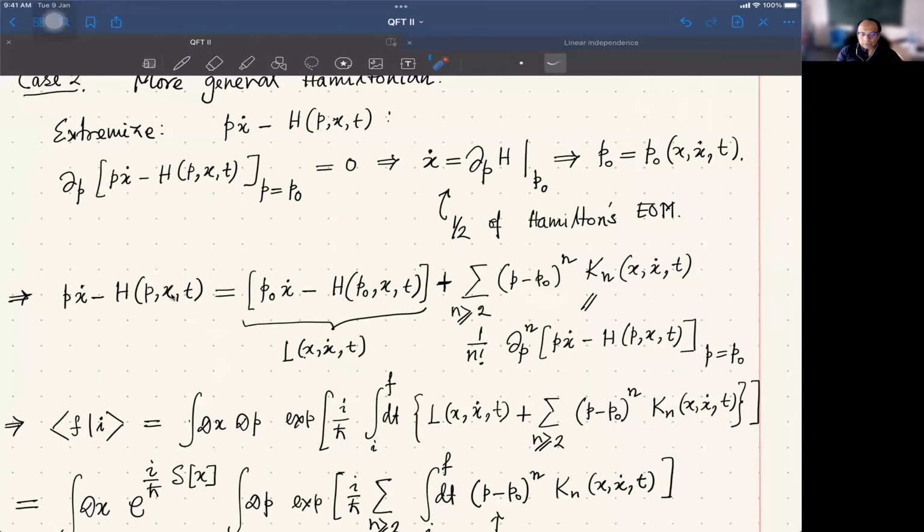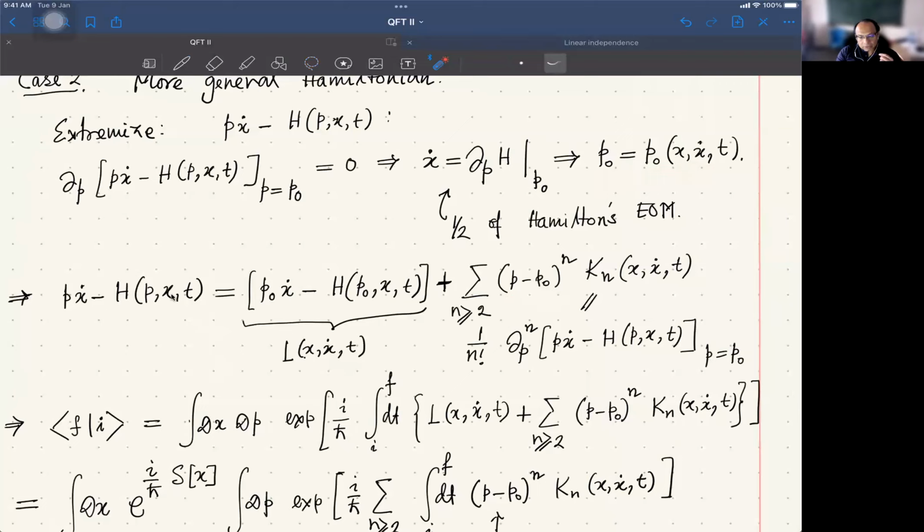So what about the functional relation between momentum and x dot and t that you use while doing the Legendre transformation in classical mechanics? That is interpreted as a classical value for p0, and any deviation from that is quantum mechanically small. That is how you are designing the computation. You are setting up an approximation method.